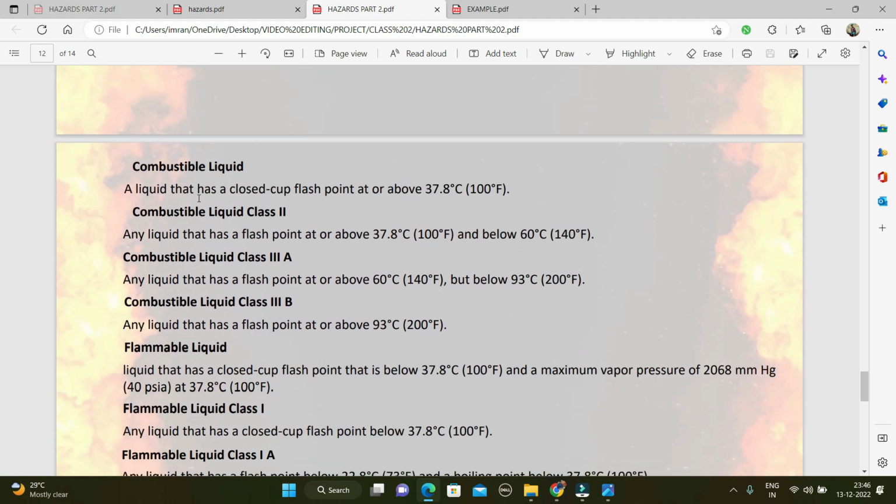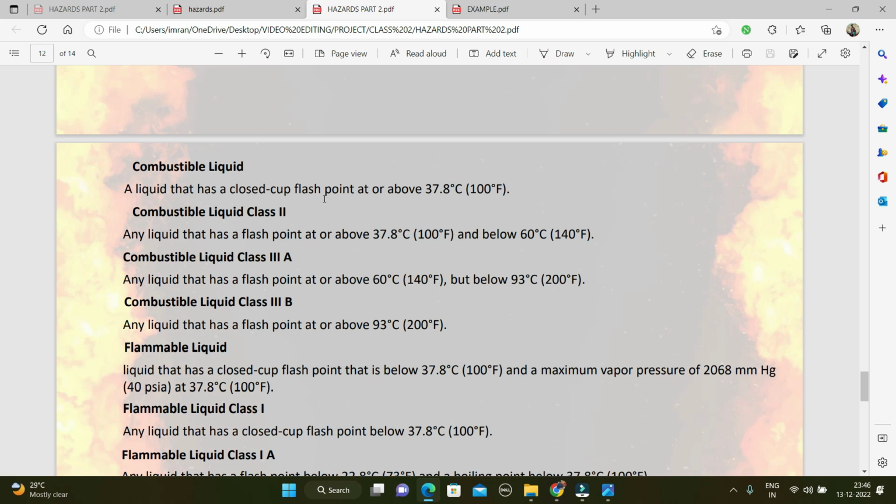Also see combustible liquid and flammable liquid. When we go into the petroleum line and have to design that area, we will only face either combustible liquid or flammable liquid. Both are the same; the only difference is flash point. Do you know what flash point is?